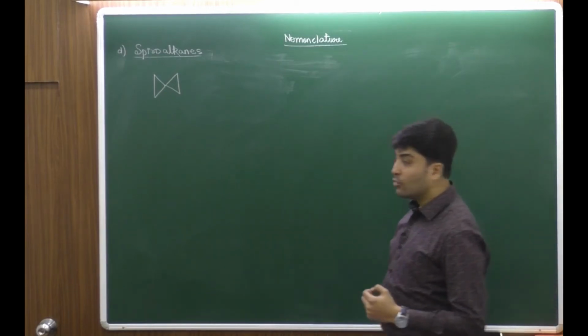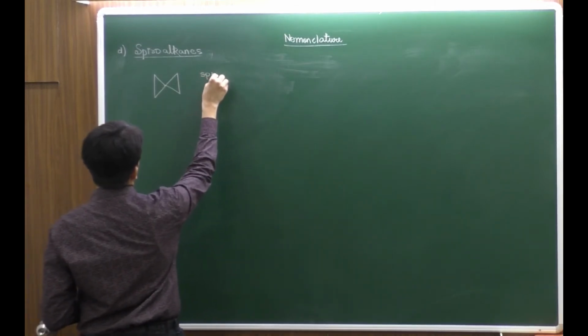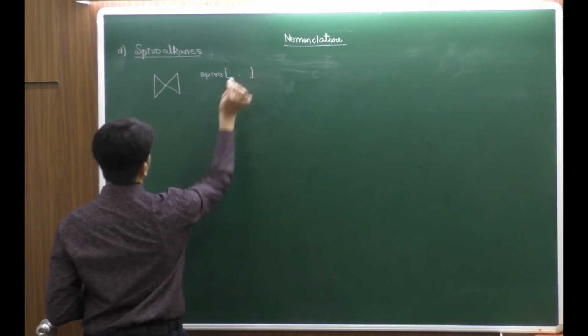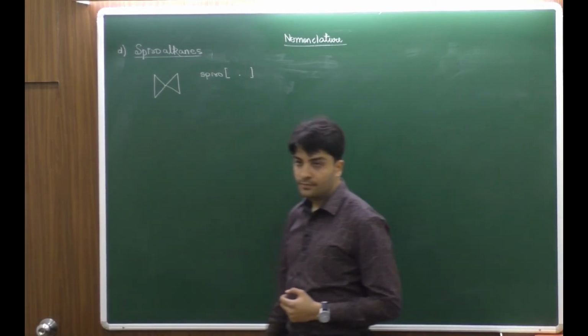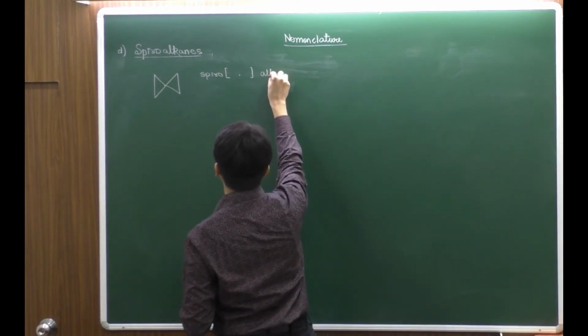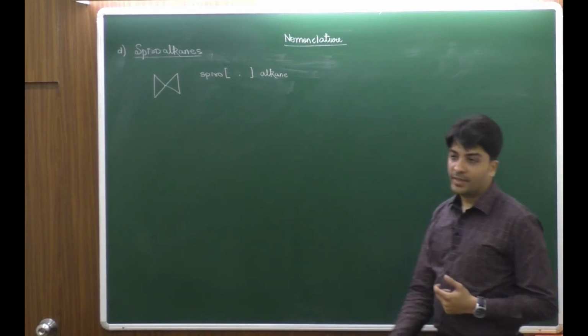Okay? Spiro compounds are named by writing the prefix spiro, then a square bracket with 2 numbers separated by a dot, and then the name of the alkane referring to the total number of carbons. This is the nomenclature.